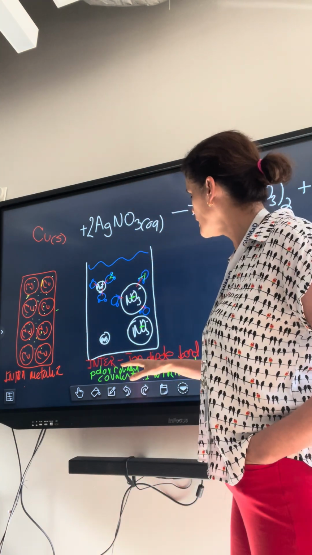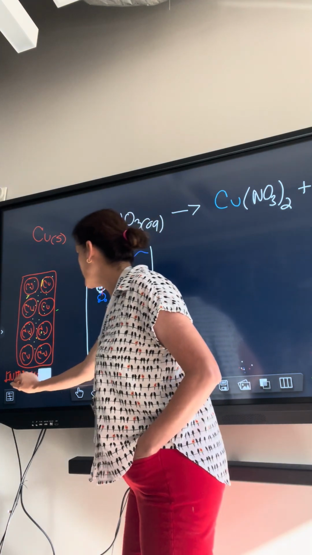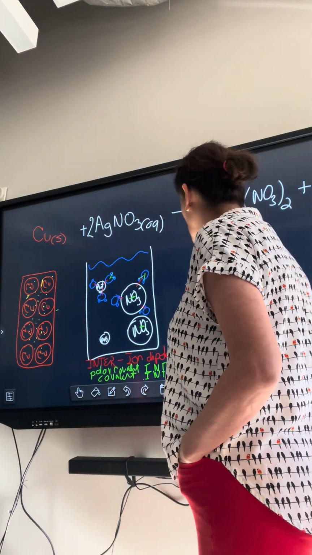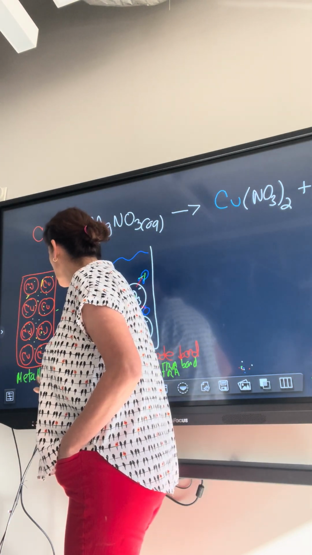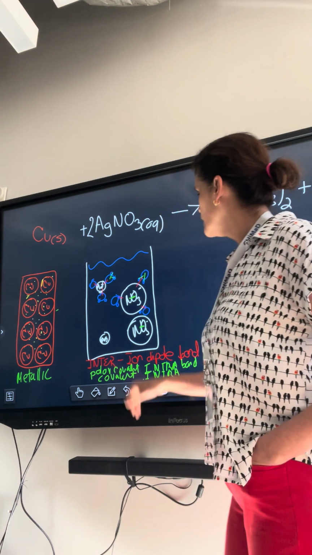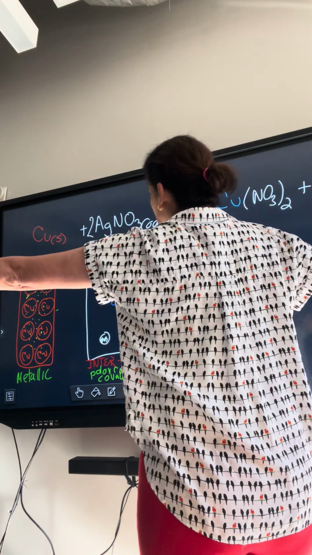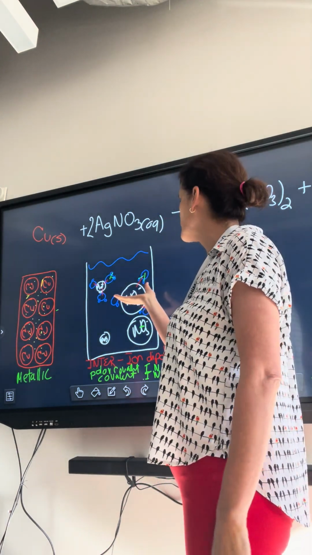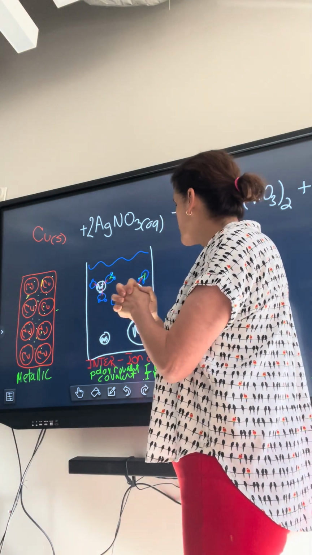The bonding here, maybe I should have made it green so that it has the same color, but it's a metallic bond. The bonds in here, because they're separated, cannot be called ionic. Please don't put ionic for something that is in the water and separated. And don't put them together either, because they don't belong together.